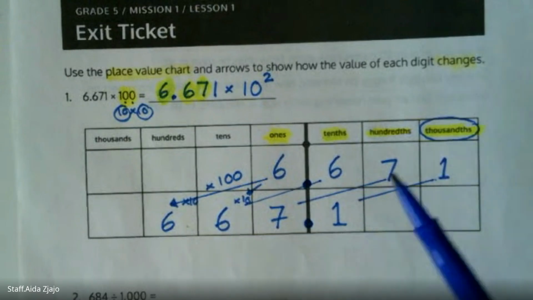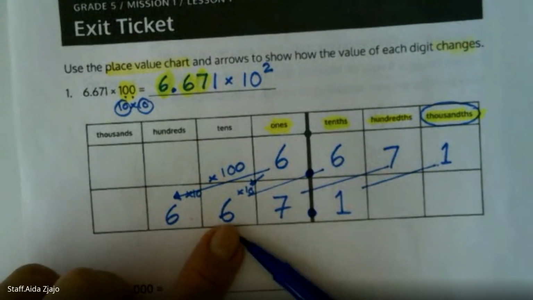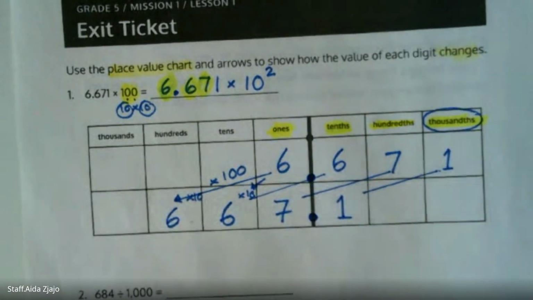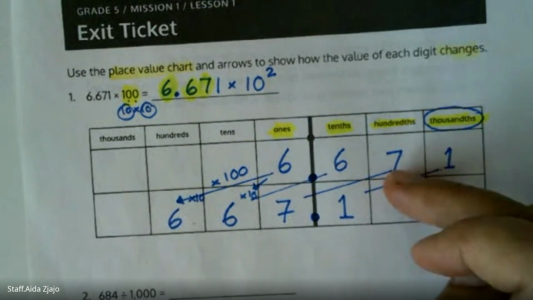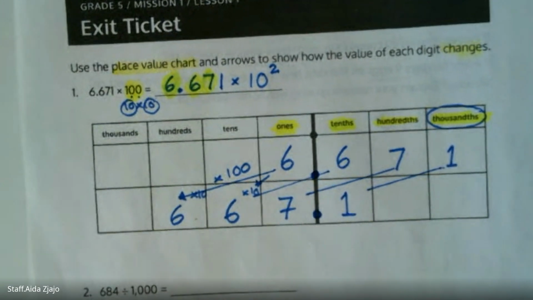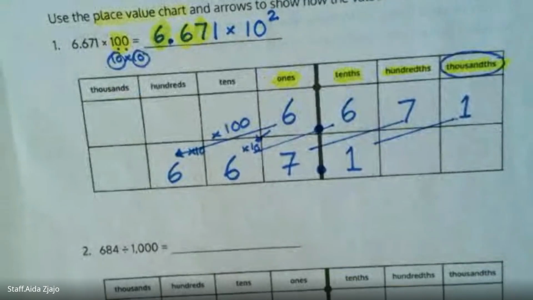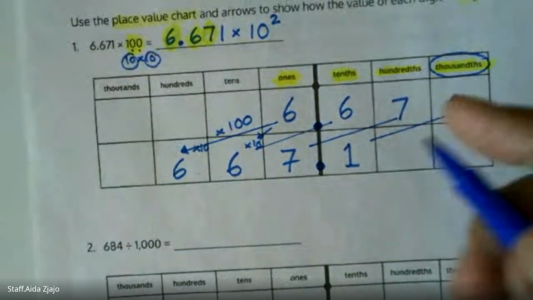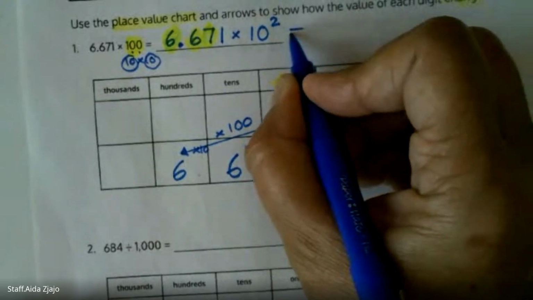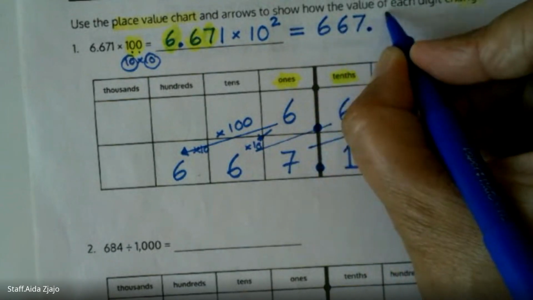And if you get 6 tenths and multiply by 100, you get the 6 tenths. And then 700 becomes 7 ones, and so on. So the answer is 667 wholes and 1 tenth, which equals 667 and 1 tenth.